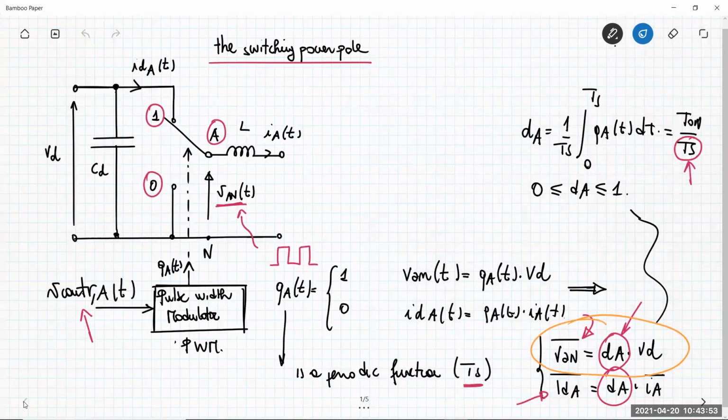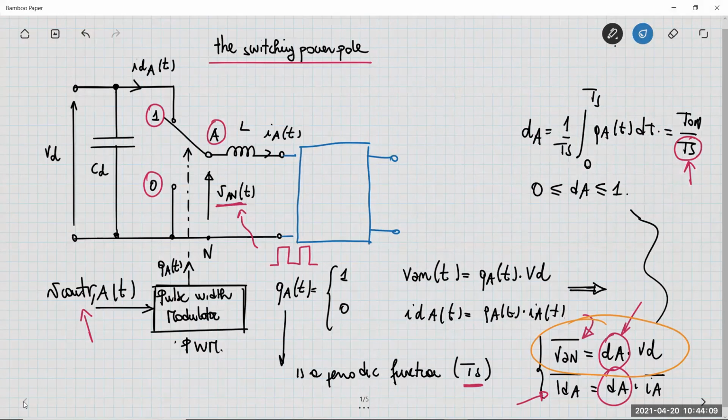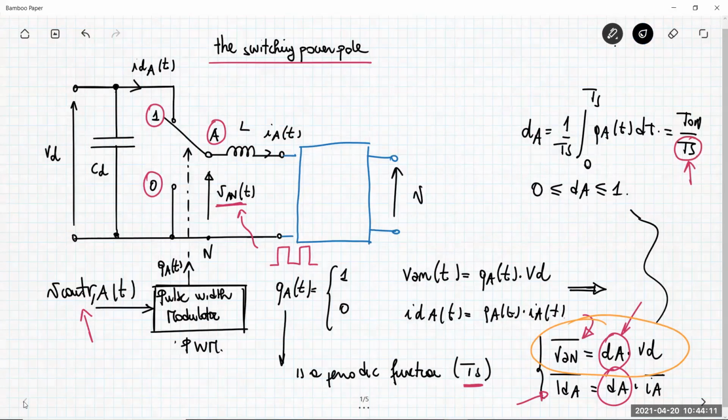So here I need a demodulator. Let me put here a block, and this block is a block at whose output you can have the VAN average value.